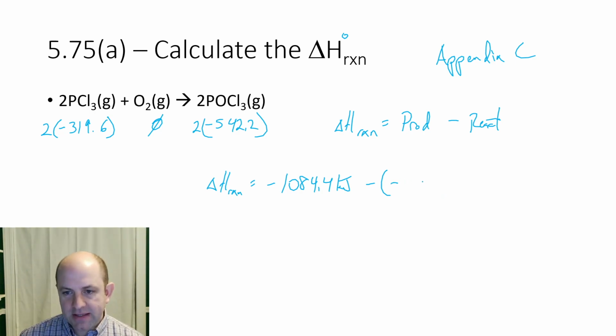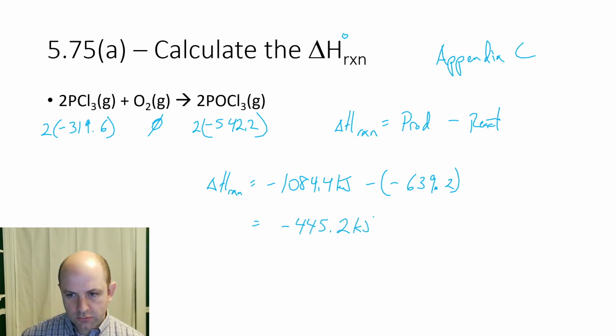So minus a negative 639.2. And then we punch that in. So that number subtracted from the other number. And we get that our delta H of reaction is negative 445.2 kilojoules. I forgot my kilojoules there.